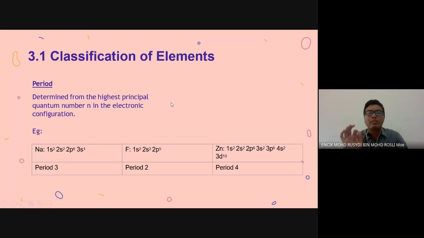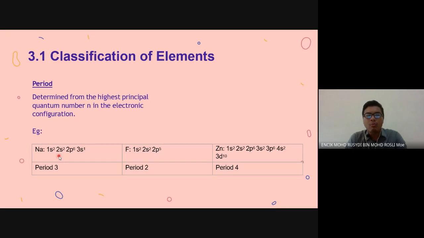Okay, so to determine the period, you have to determine from the highest principal quantum number n. Maksudnya kat sini, in the electronic configuration, macam contoh dekat sodium, Na. We have this electronic configuration 1s2, 2s2, 2p6, 3s1.